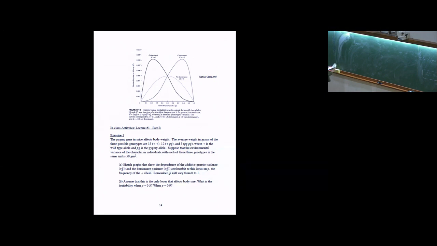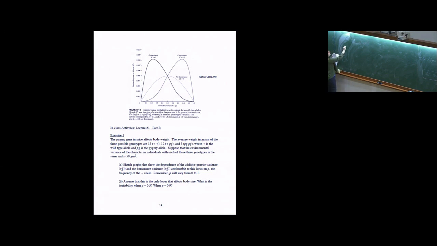So we might imagine that we have a single locus, locus 1, and locus 1 has deviations from the overall mean of minus A1, D1, and A1 for the 3 genotypes at that locus, assuming we have 2 alleles at each locus.